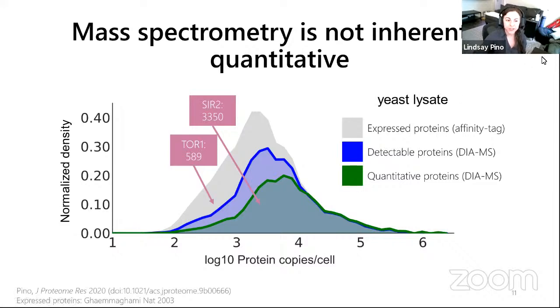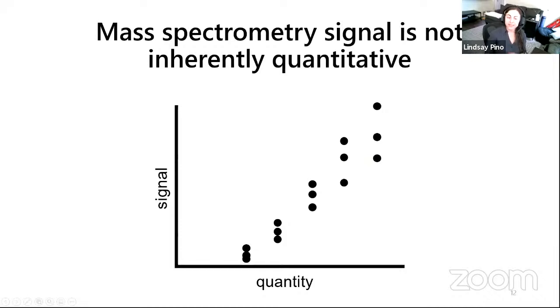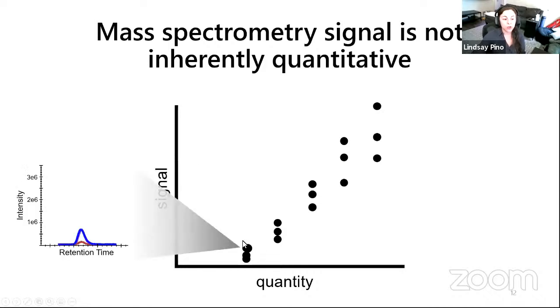This paints a picture, this detection versus quantitation picture, that mass spectrometry is not inherently quantitative. When we measure things with mass spectrometry, we assume that higher quantity will give us a higher signal, and lower quantity will give us a lower signal.